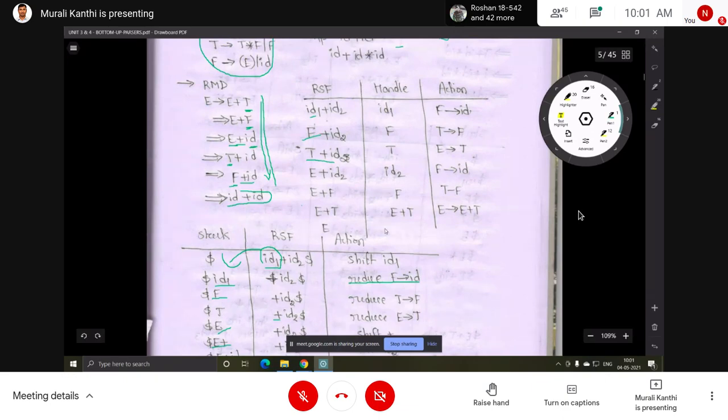In a shift reduce parser we have 4 actions. One is shift, second is reduce, third is accept, fourth is reject or error. These are the 4 operations and actions shown in this parser.